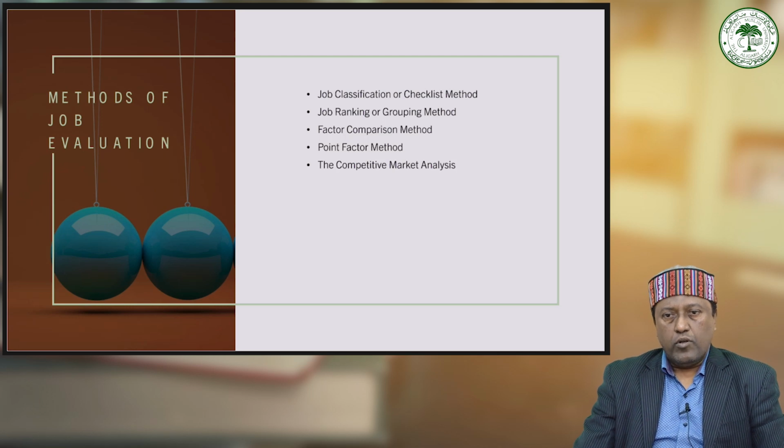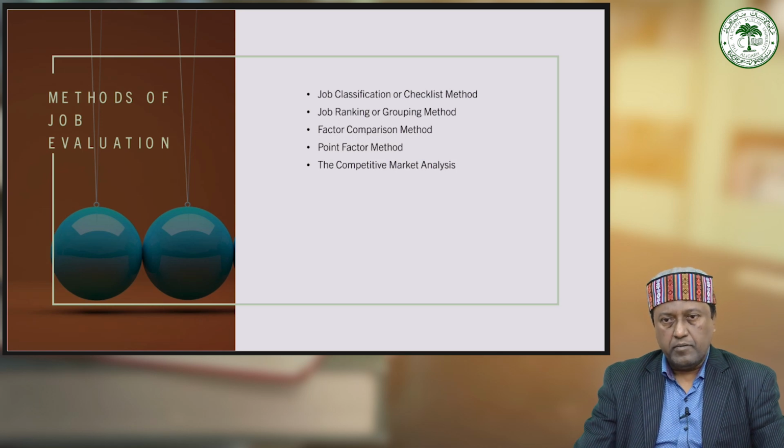But it can be useful in smaller organizations. While the job ranking method may lack sophistication, it can be useful in smaller organizations with a limited number of job roles. In such cases, where the job roles are relatively simple and straightforward, the ranking method may provide a quick and uncomplicated way to differentiate between jobs.